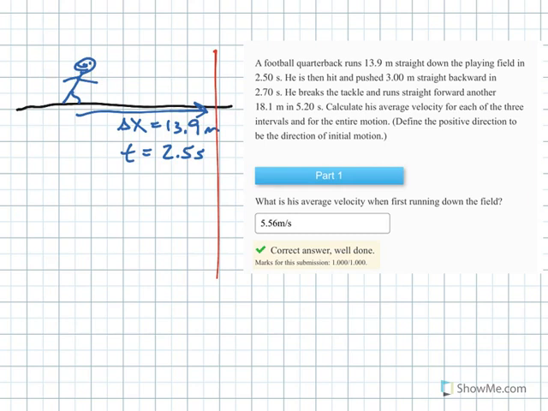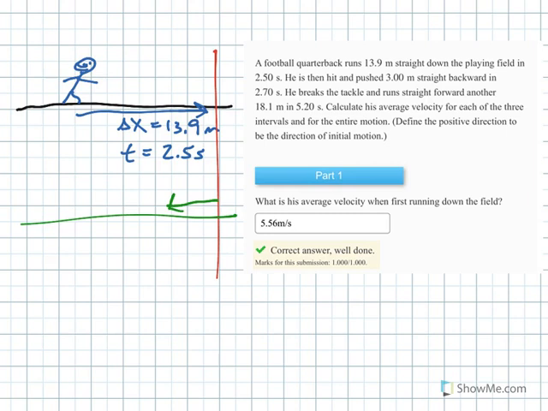Then for the second part of the motion, he gets pushed back 3 meters. Yikes. And remember, they tell you that positive is the initial direction of motion for all of these problems. We really need to have a coordinate system telling you what direction is positive and which direction is negative.